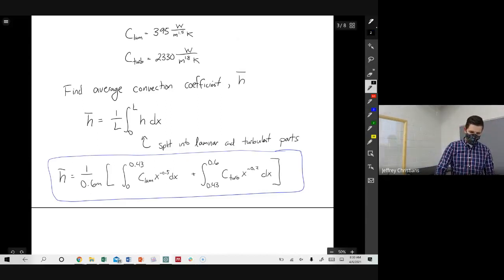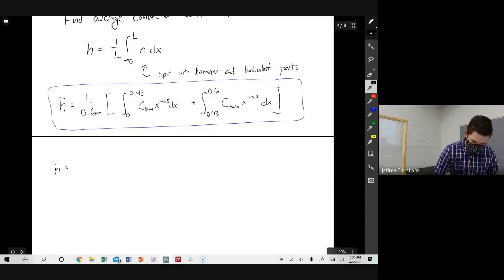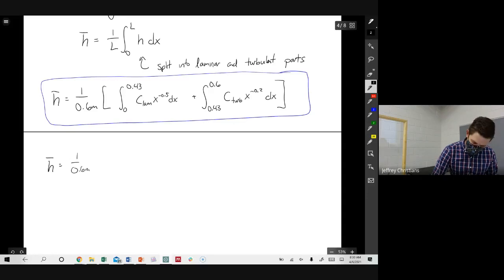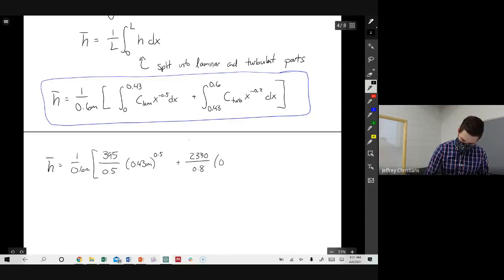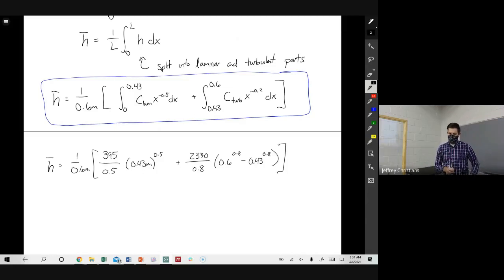Okay, if we plug in the values that we had, this gives us H bar equals 1 over 0.6 meters times 395 over 0.5 times 0.43 meters to the 0.5 once we integrated and evaluated at those positions from 0 to 0.43, plus 2330, that's C turb, divided by 0.8, times 0.6 to the 0.8 minus 0.43 to the 0.8 if we actually went through and did that integration.